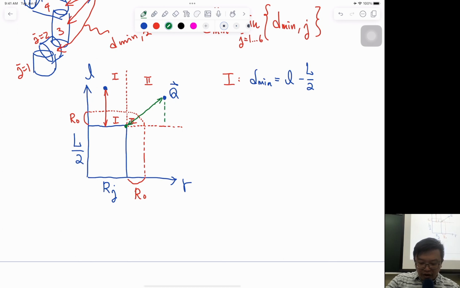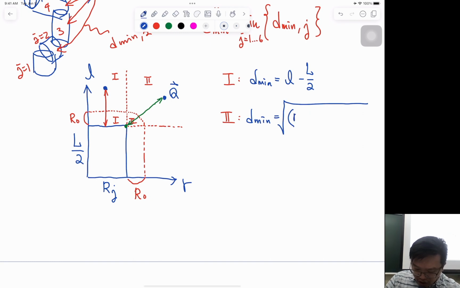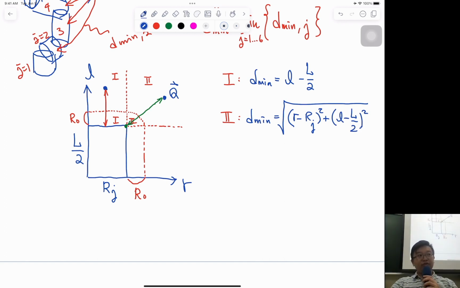Basically, you need to figure out what is this, and then what is this, right? So in region 2, d minimum is going to be the square root of (r minus rj) squared plus (L minus half of capital L) squared, right?